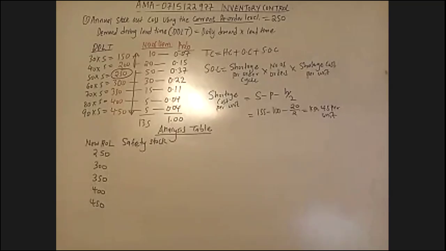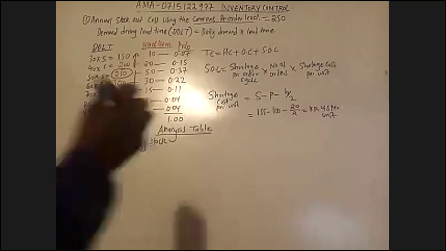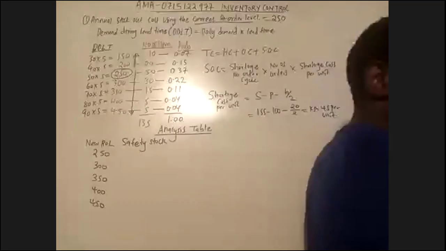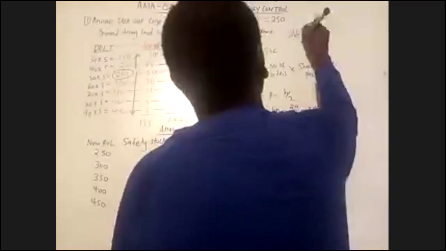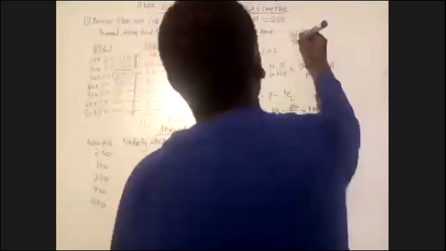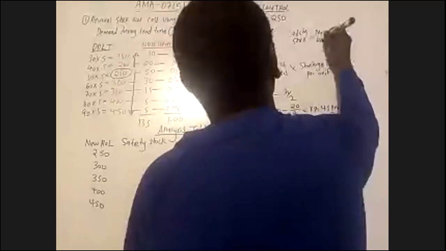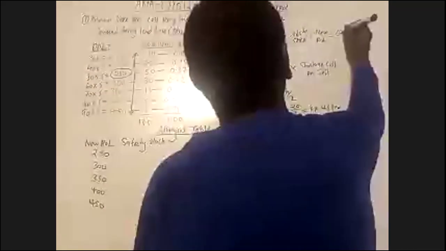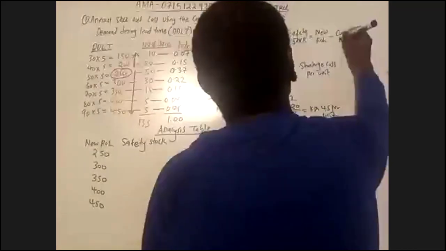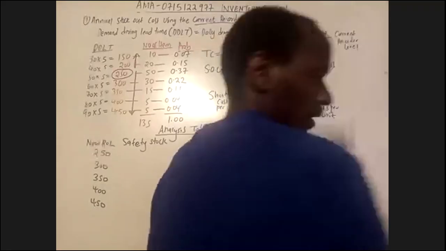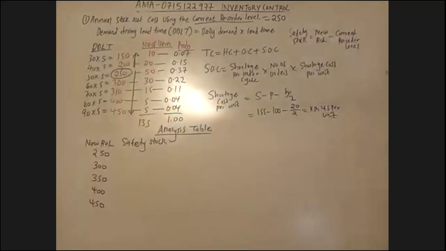So for us to get the safety stock, tunachukua the new reorder level minus the current reorder level.